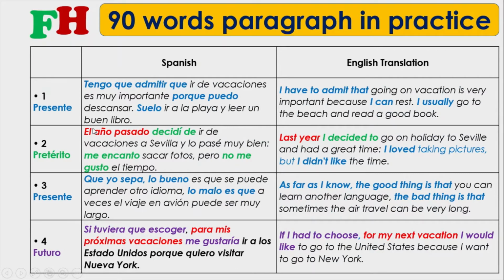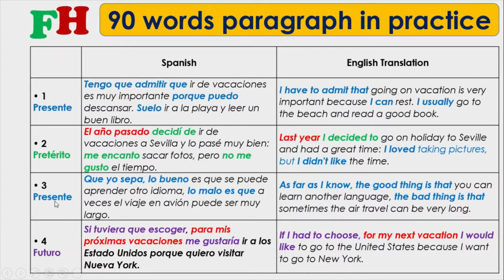El año pasado, and then you put decidí de, which translates as I decided, decidí ir de vacaciones a Sevilla, to Seville, y lo pasé muy bien, and I spent a good time. Me encantó, so me encanta is I love. Me encantó, I loved. Sacar fotos, pero no me gustó el tiempo. I love to take pictures, but I did not like the weather, the time, yeah?